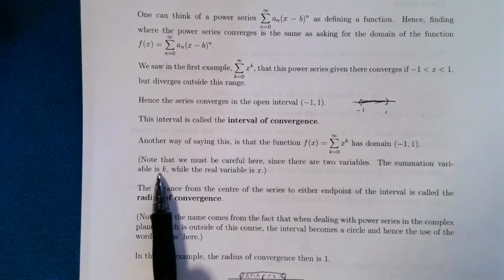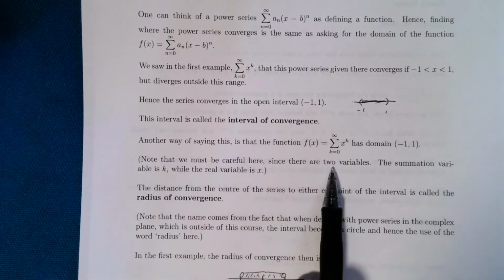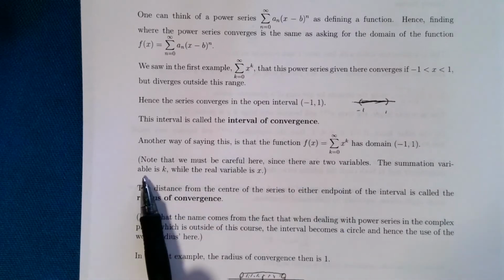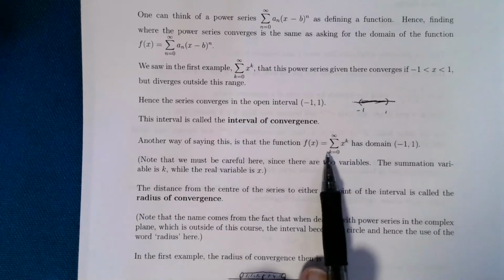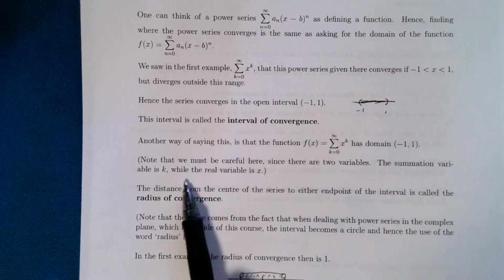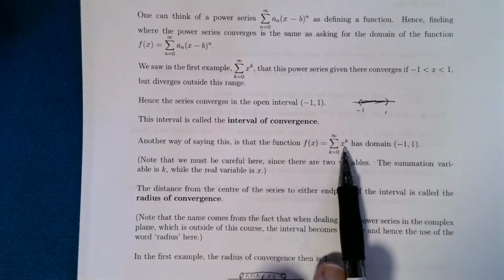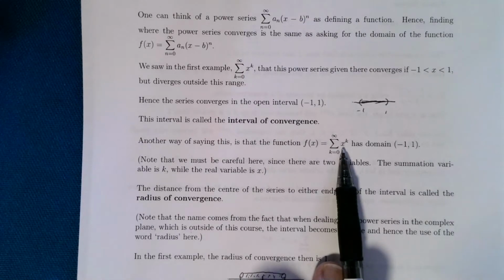Now, we're going to be rather careful here, since there are two variables going on. There's the summation variable, which is k, or sometimes n, whereas the real variable is x. So just be careful not to confuse the two.